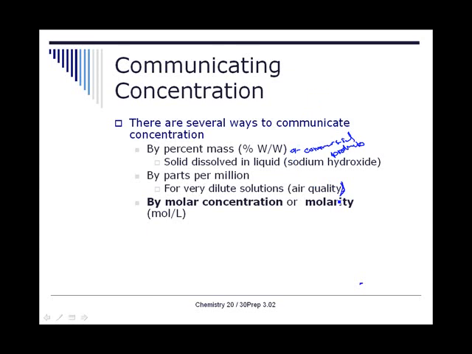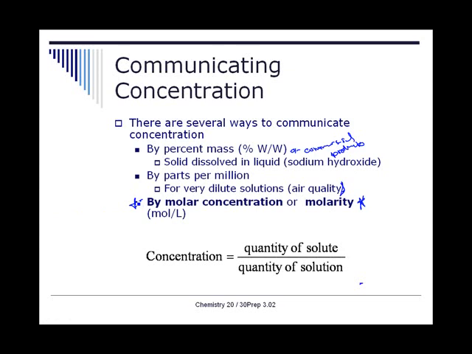It's often used for air quality conditions, so the measure of particulates in air or other gases as they relate to the total volume of air. And finally, molar concentration or molarity. Now this is going to be the most used form of calculating concentration in our chemistry class.